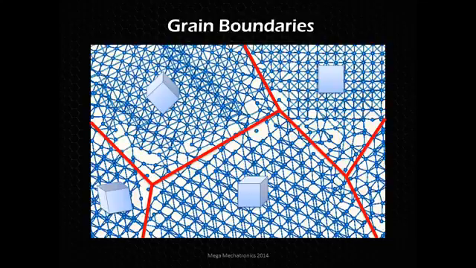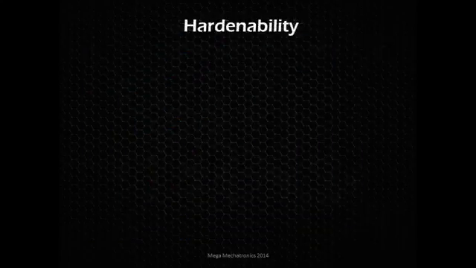And then on the other side of that, if we have huge grains, that makes the material more ductile, because we're allowing those cubic structures to move around, deform, reorientate themselves and shift around.